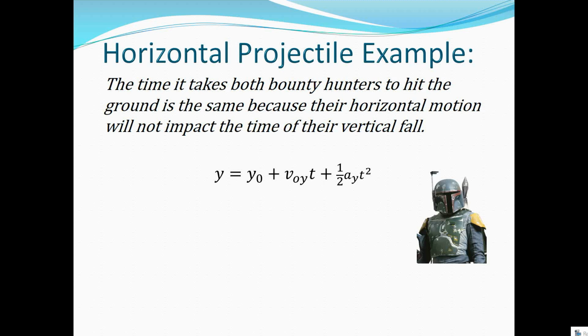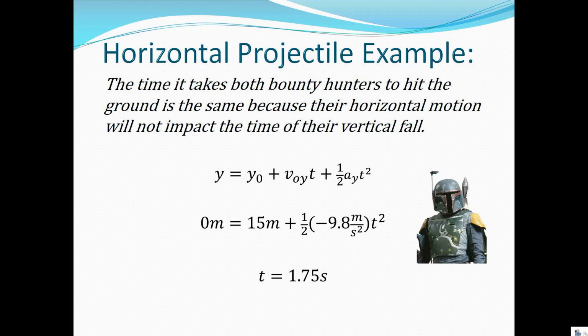Because it's a horizontal projectile, there's no initial vertical velocity, so that second term goes to 0, and we're simply left with 0 meters equals 15 meters plus 1/2 times negative 9.8 meters per second squared times time squared. Solving this equation for time gives us 1.75 seconds.